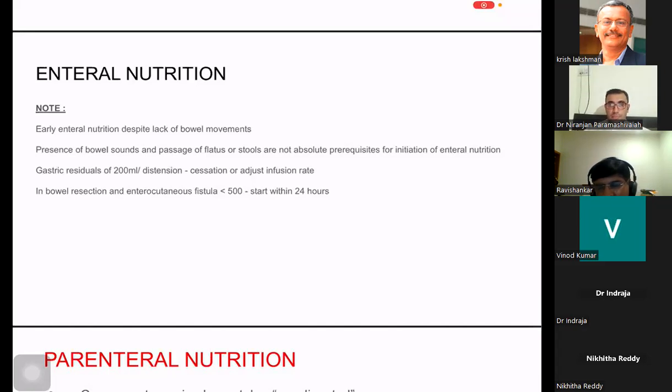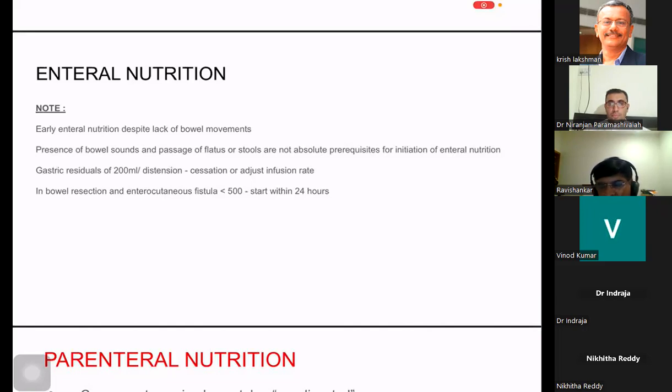If the patient is not eating at all, or you want the entire requirement to be given through the enteral feed, then you can go up to 100 ml per hour, which will be about 2.4 liters per day. The calorific requirement you can adjust depending on cardiac failure, renal failure, hepatic status and other fluid electrolyte balance. You can give fluids which contain 1 to 1.5 kilocalories, and you can also add other nutrients.